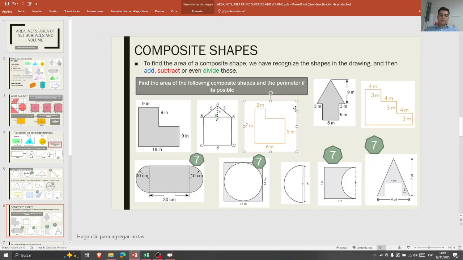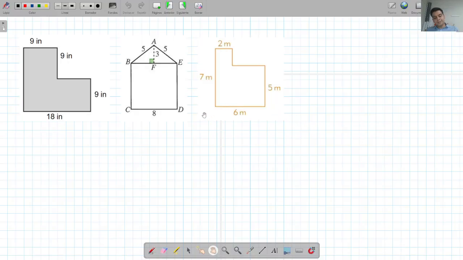So here you can see we have the same shapes, and in some of them we will also have to find the perimeter. For the first one, let's try to be quick. When we have composite shapes, we have to divide them into different shapes. For example, I am going to cut this like this.